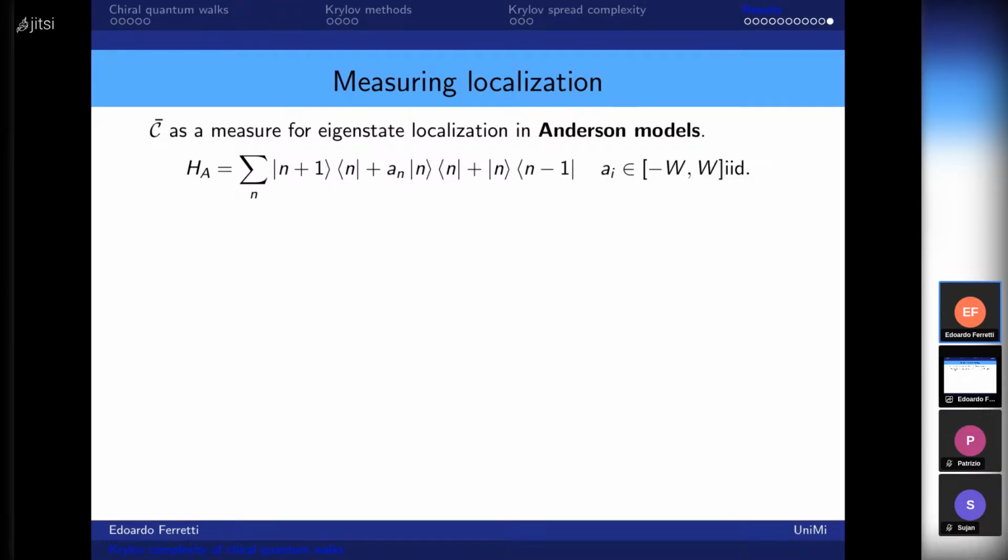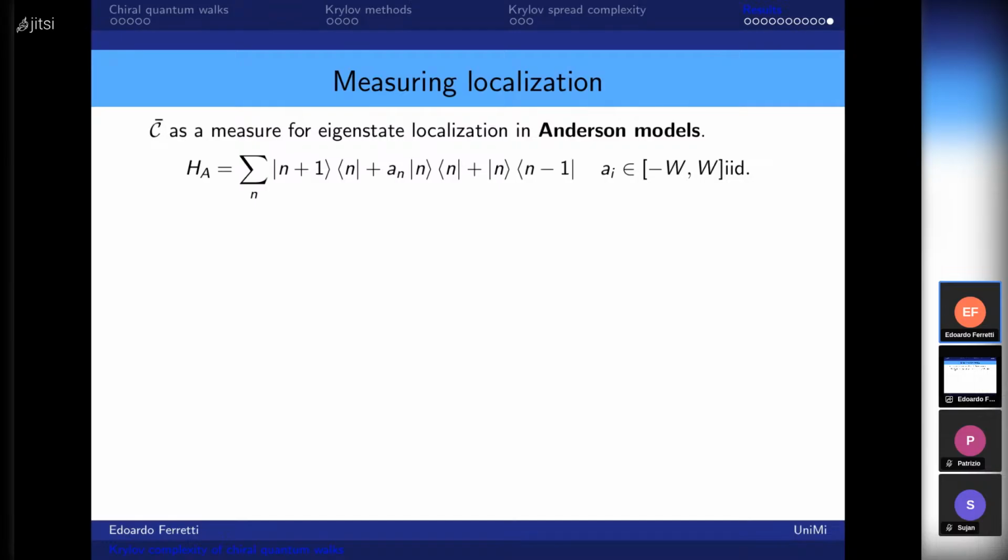We start with a localized state, and we expect that the more localized the eigenstates of the Hamiltonian are, the more this initial state will stay where it is.